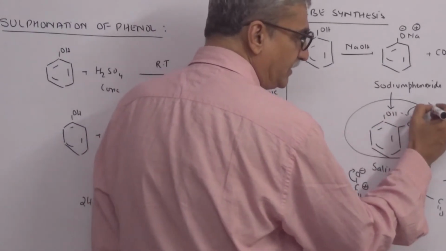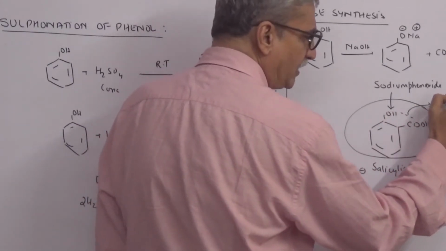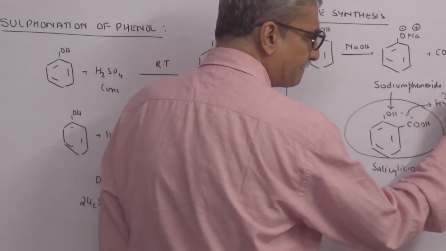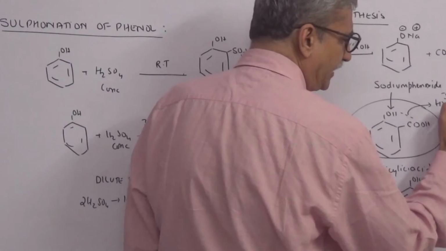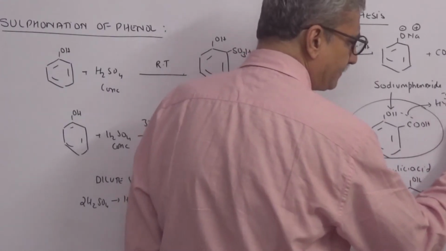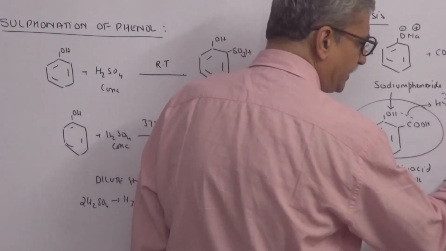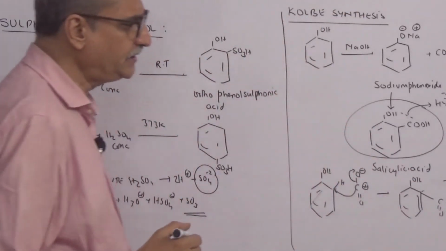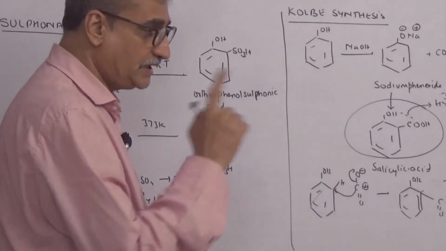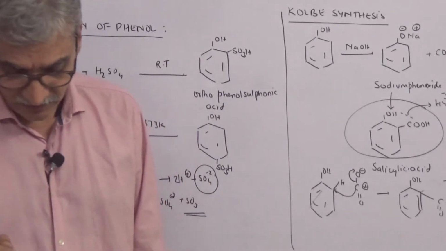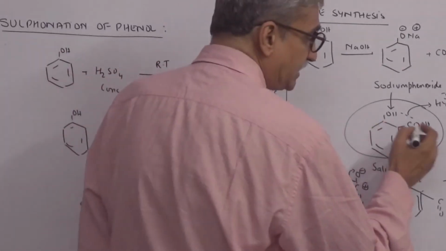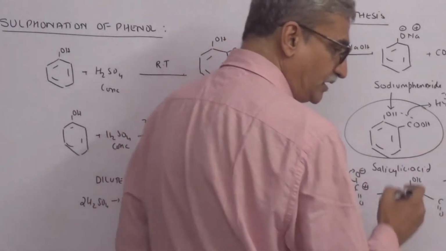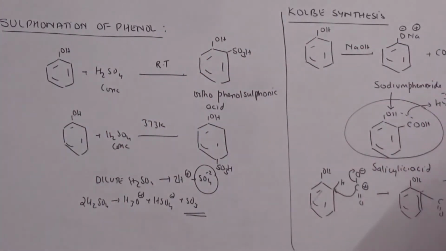Between them there can be intramolecular hydrogen bonding. Like I told you last time with orthonitrophenol, salicylic acid is also steam volatile.